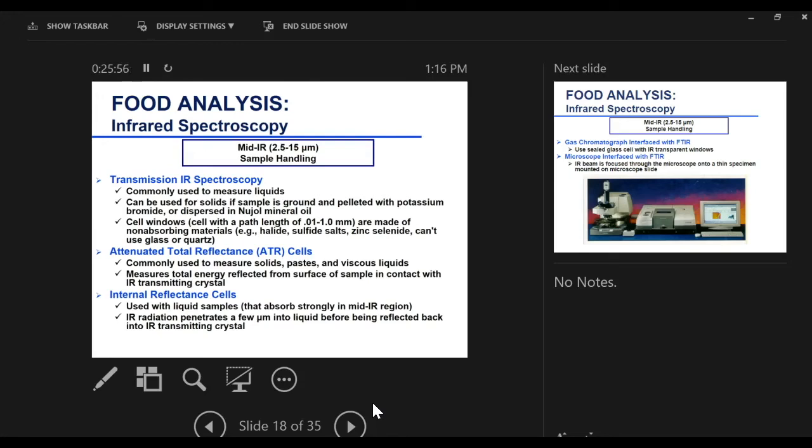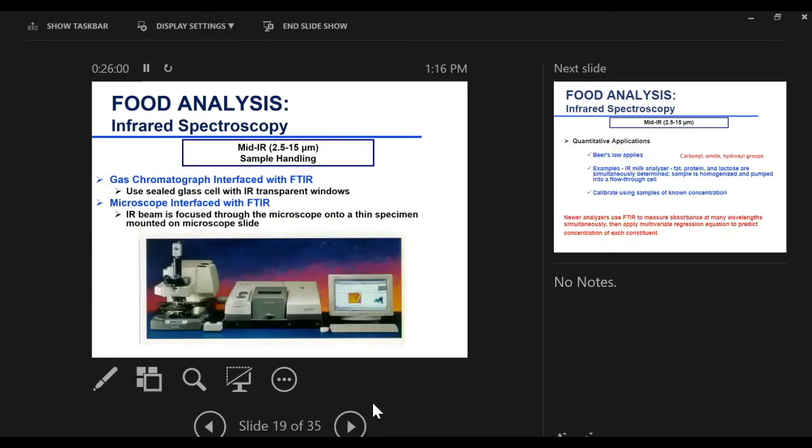There are several interfaces with the IR. You can actually use gas chromatography linked to IR. The IR would be your detector in this case. So you get your separation, and then the IR is your detector. And you can have a microscope, which is really cool.